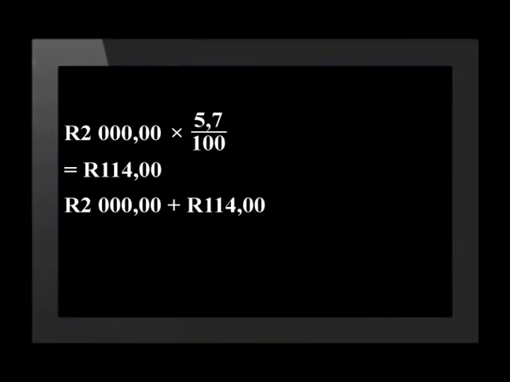Let's add it to the original cost of the groceries to find the new cost in 2012. 2,000 Rand plus 114 Rand is equal to 2,114 Rand. If our income did not increase in that year, we would have to cut down on our expenses so that we didn't go into debt.